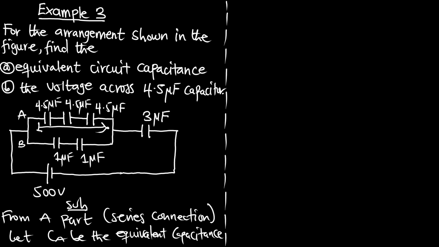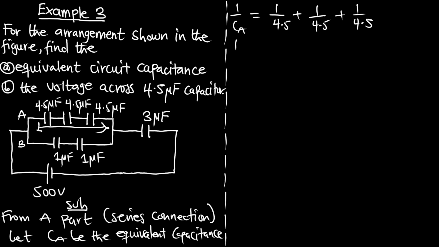So my 1 on CA for the A part is going to be 1 on 4.5, remember, they are all in microfarad, plus 1 on 4.5 plus 1 on 4.5.